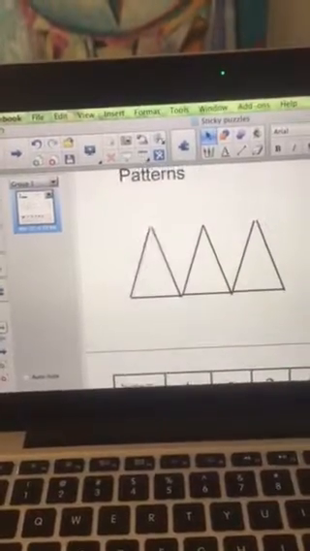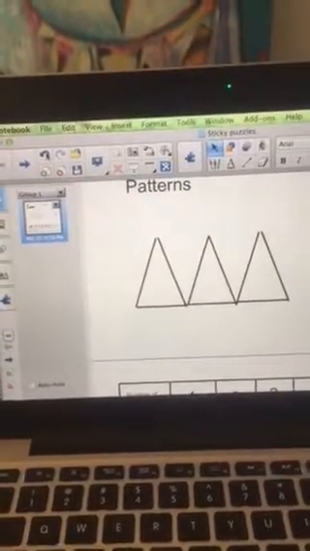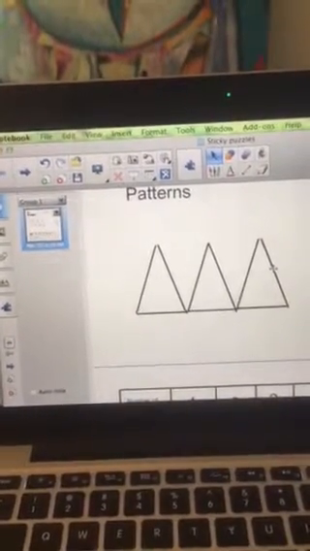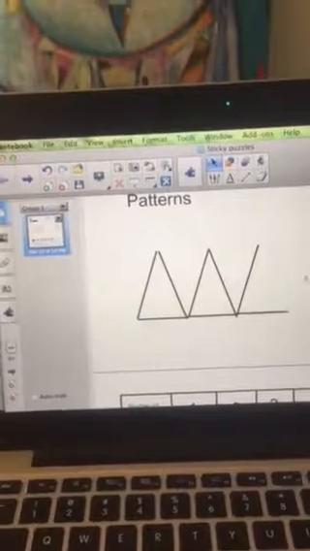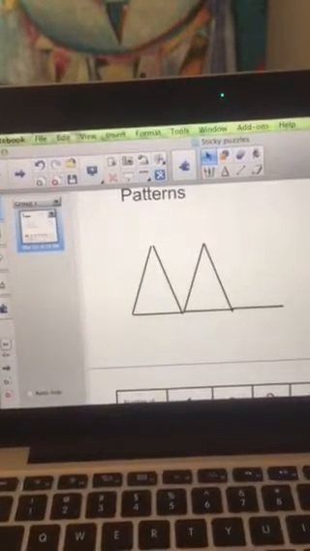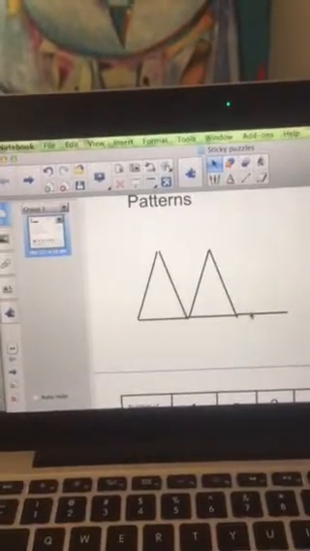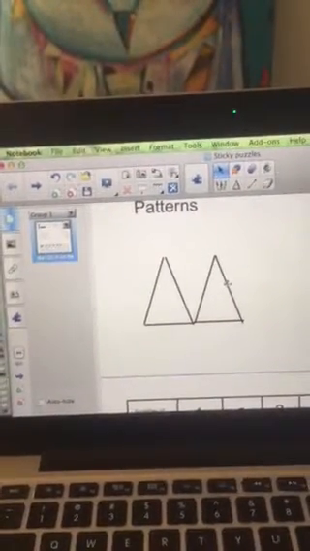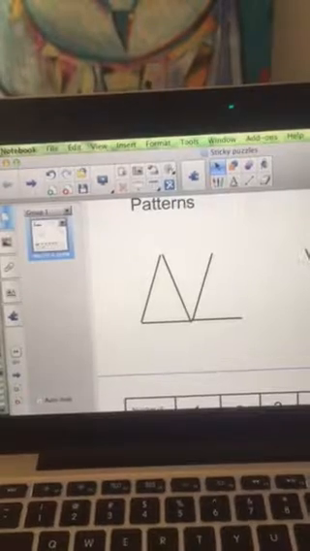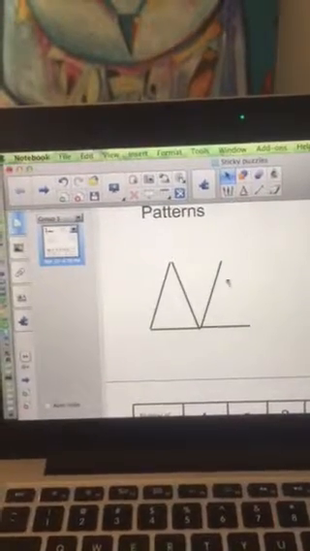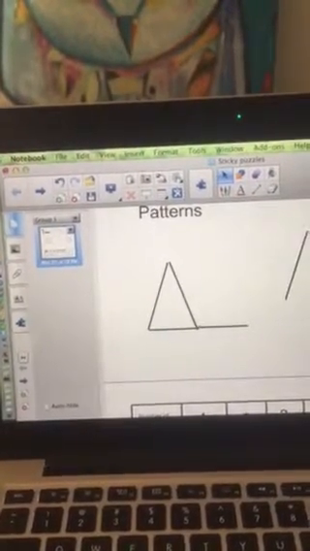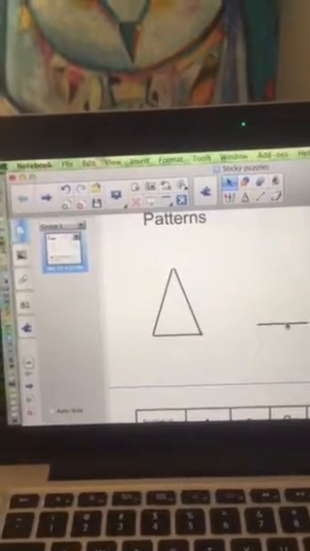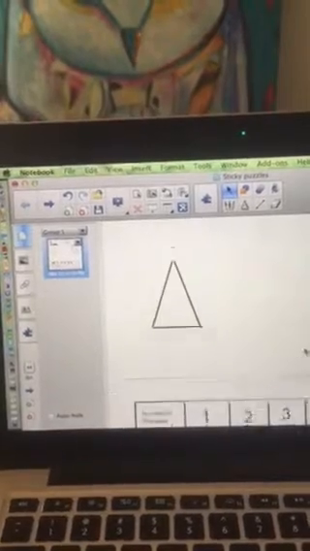There are numerous ways that you could create your patterns, and you can use numerous different tables of values to work out your pattern and to identify the rule. And I want you to write out the rule, and you can even tell the person next to you in your group what the rule is, and then you can write it out.